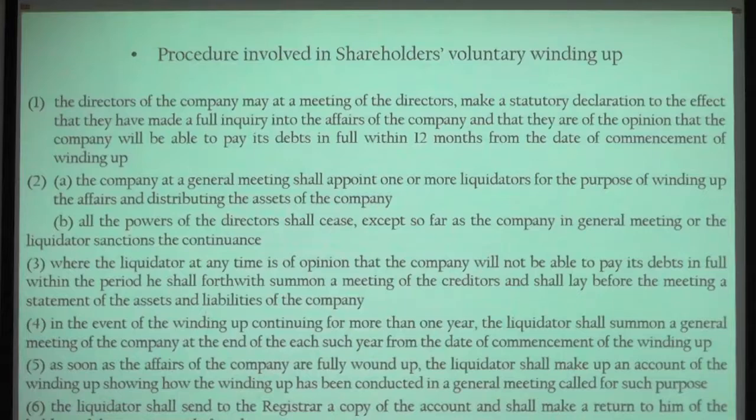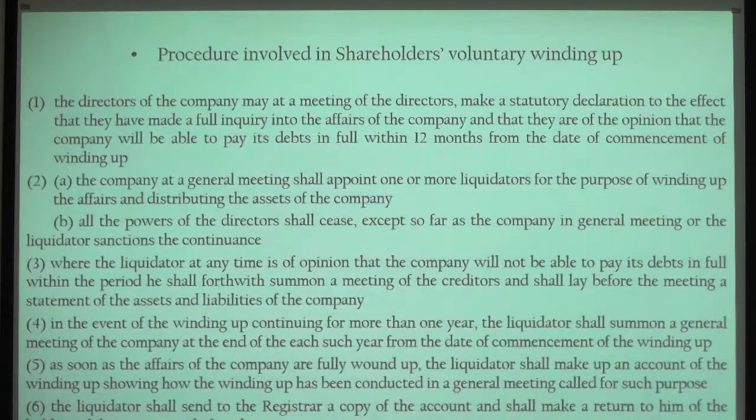However, in the event the winding up continues more than 1 year, the liquidator shall summon a general meeting of the company at the end of each such year if it continues further from the date of commencement of the winding up. As soon as the affairs of the company are fully wound up, the liquidator shall make up an account of the winding up, showing how the winding up has been conducted in a general meeting called for such purpose.